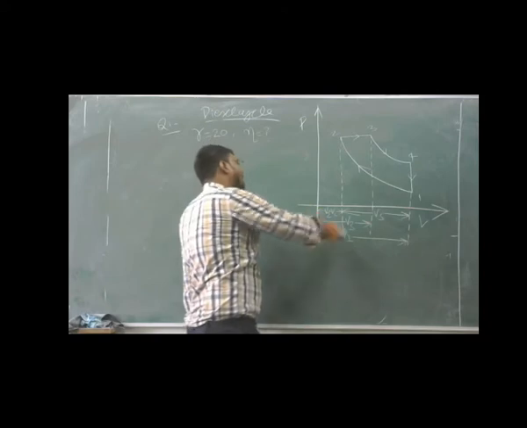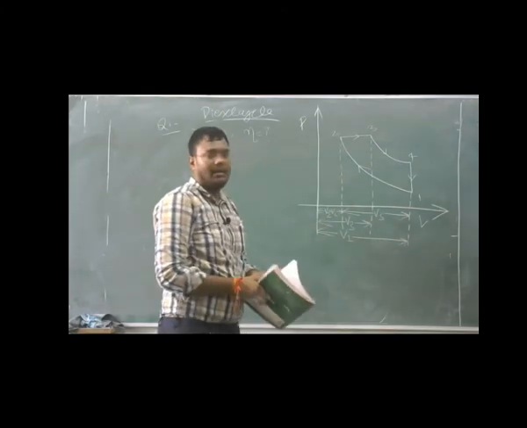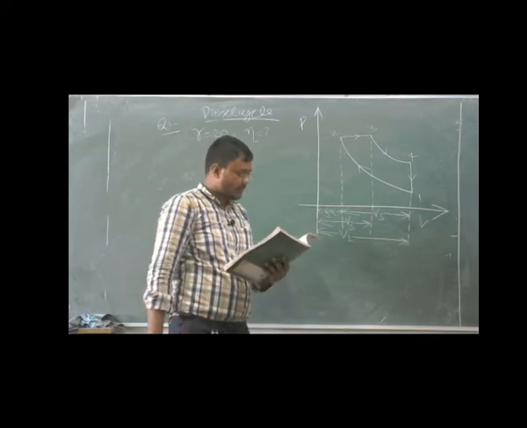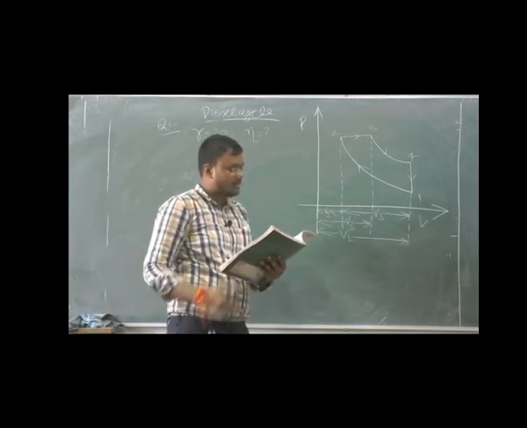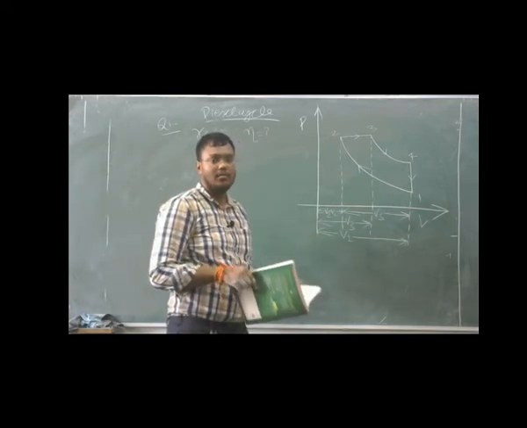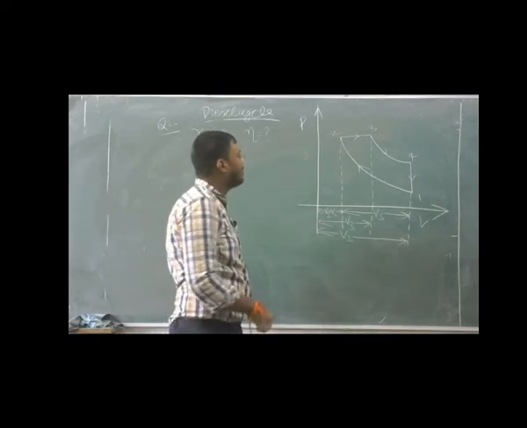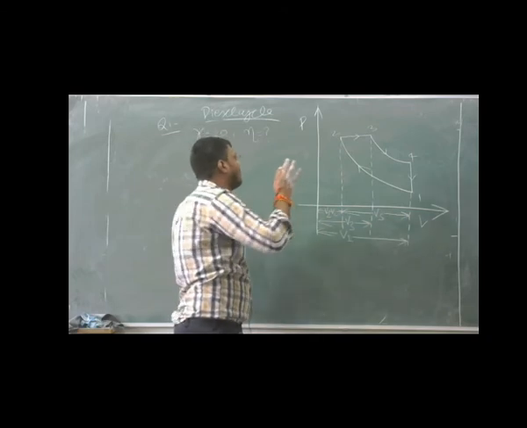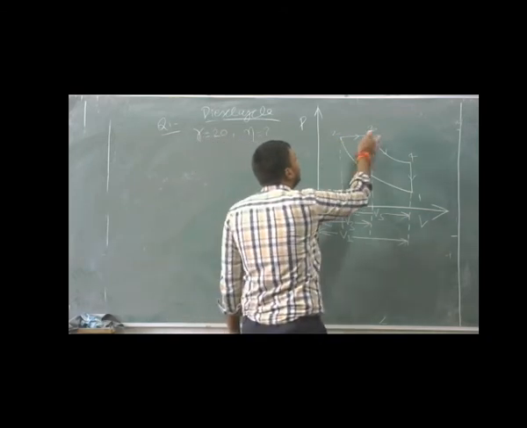Now from this diagram you can easily understand the meaning of the sentence written in the question. Cutoff takes place at 5% of the stroke. Cutoff takes place from point 2 to 3.